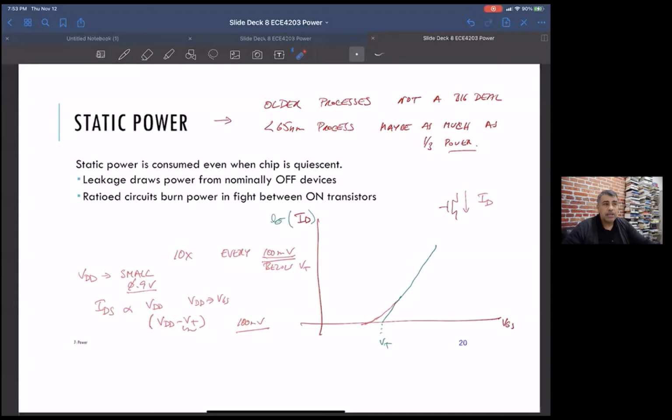But anyway, long story short, in the advanced processes that you'll actually be working in, you really have to worry about this leakage power. It is a significant issue now. And the main reason is this subthreshold current.